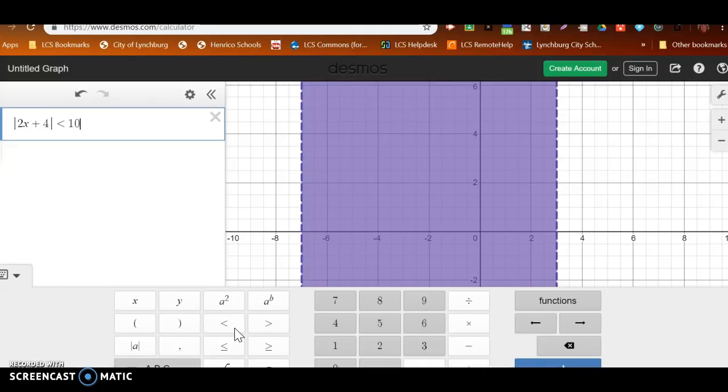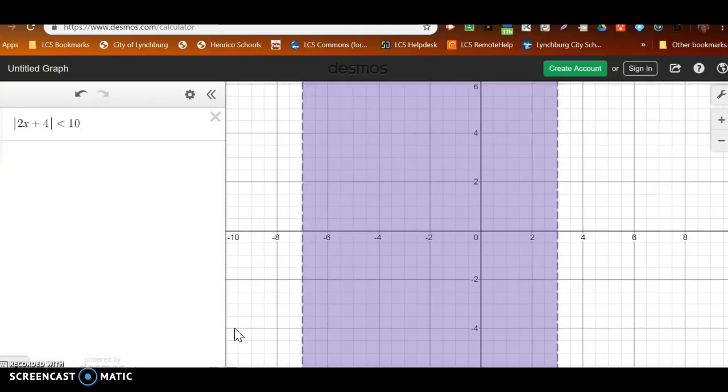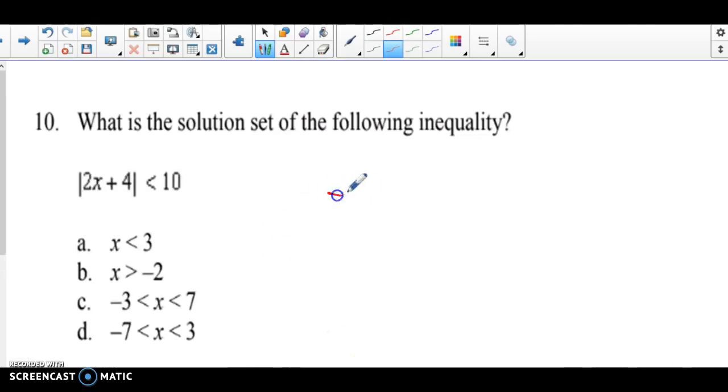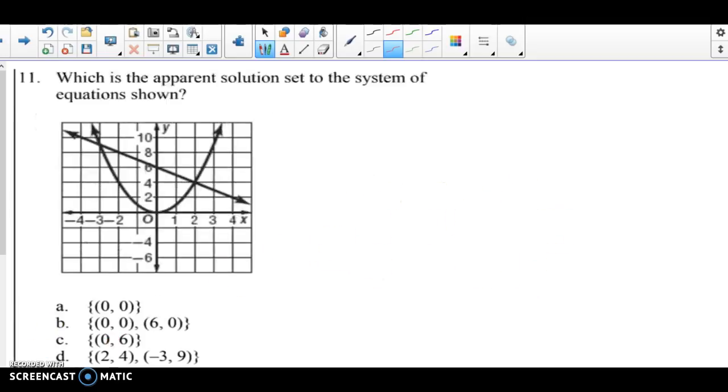I'm looking here at my numbers. It crosses here at 3 and -7, and it's between those two numbers. So I have a -7 and a +3 here. When I look at them, I'm graphing this, so I'm looking at this answer here. So that's the answer choice.